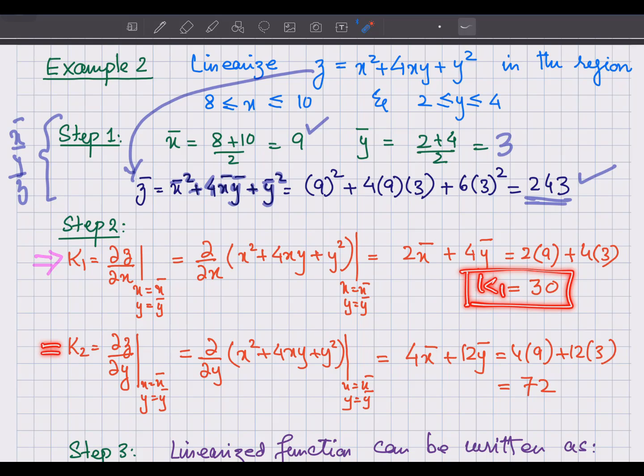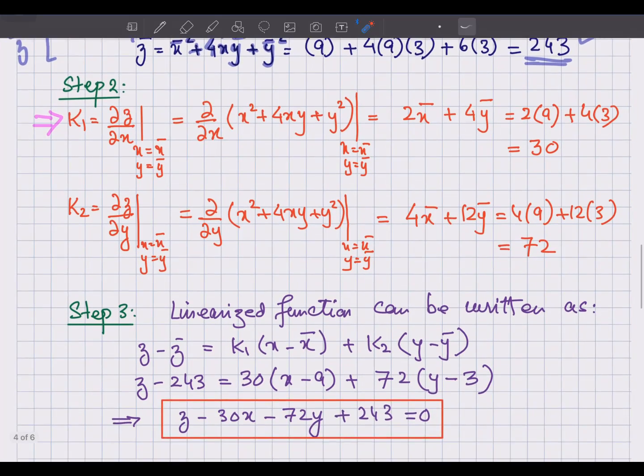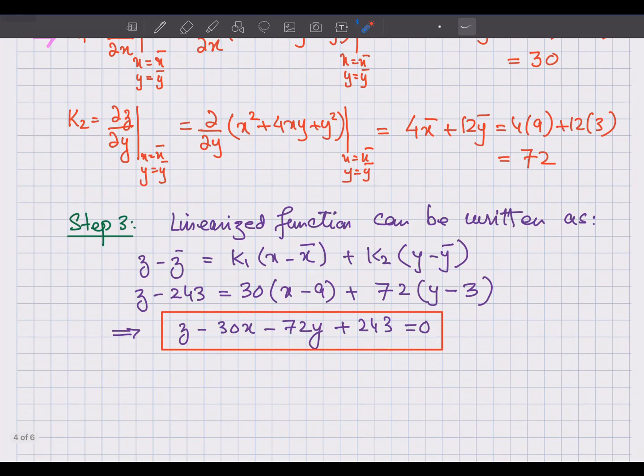Now calculating k2. K2 is the partial derivative of the function with respect to y. Evaluating this derivative, you will get k2 equal to 72. Then in the third step, we write it in the form of a linear equation, taking this expansion from the Taylor series: z minus z bar is equal to k1 into (x minus x bar) plus k2 into (y minus y bar).